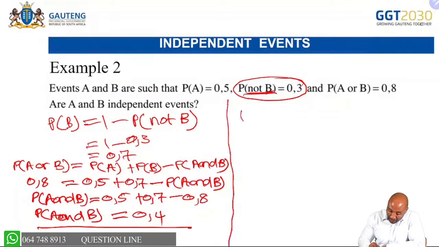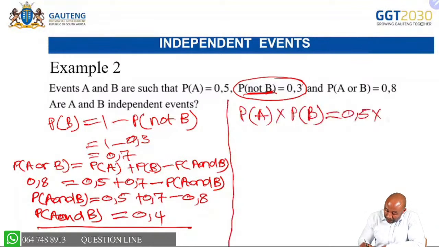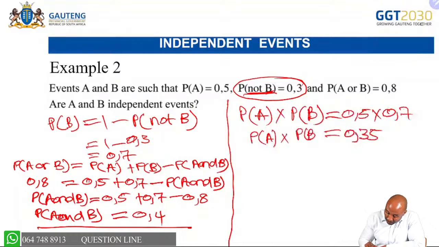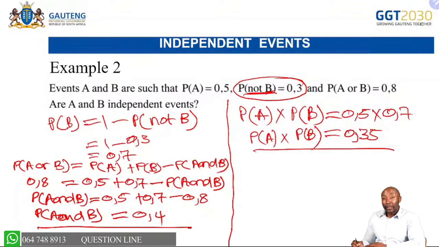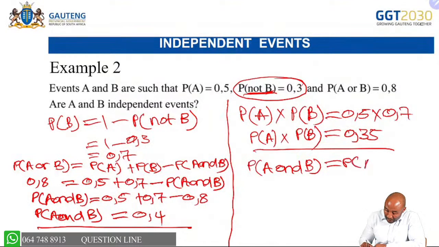Let us now check what is the probability of A multiplied by the probability of B. I will substitute and get 0.5 times 0.7, and this will give us 0.35 as the probability of A times the probability of B. Now, remember we said for our independent events, the probability of A and B must be equal to the probability of A times the probability of B.